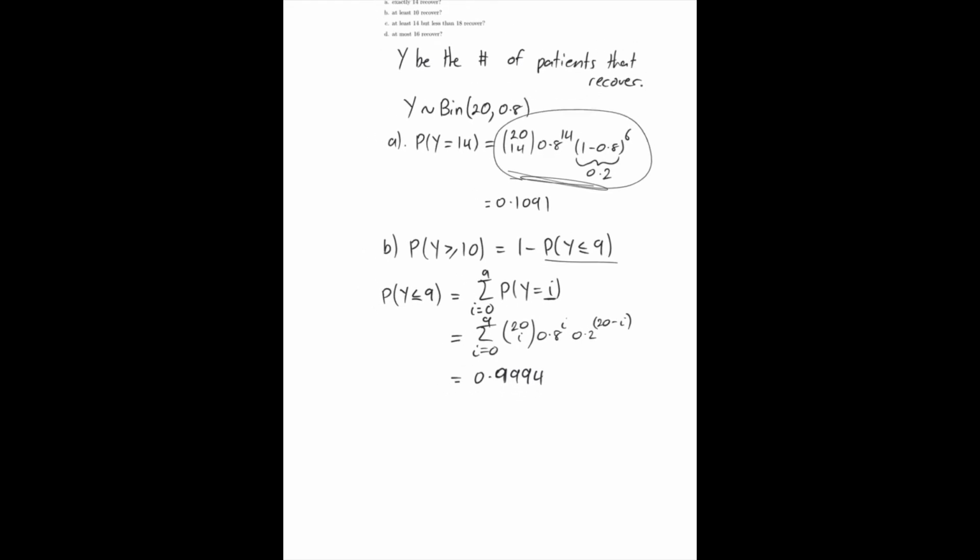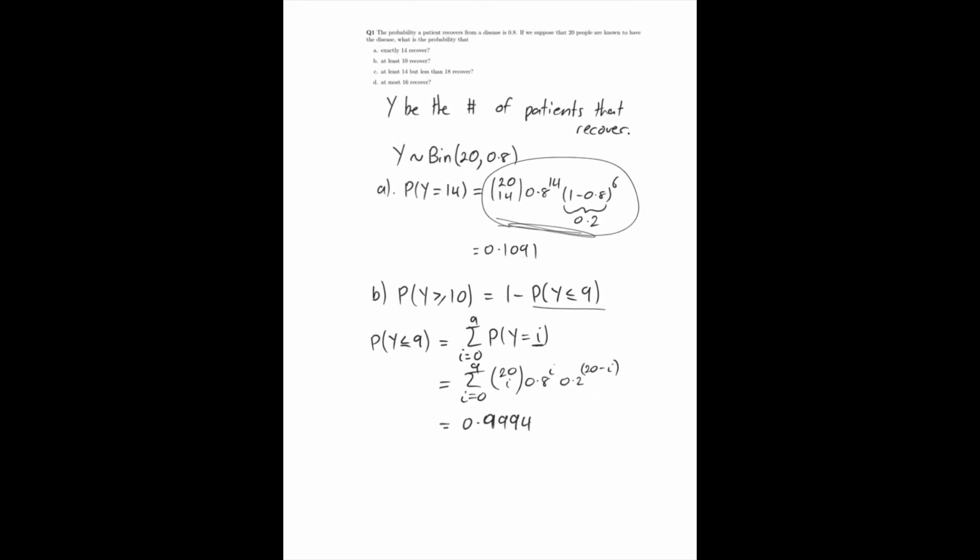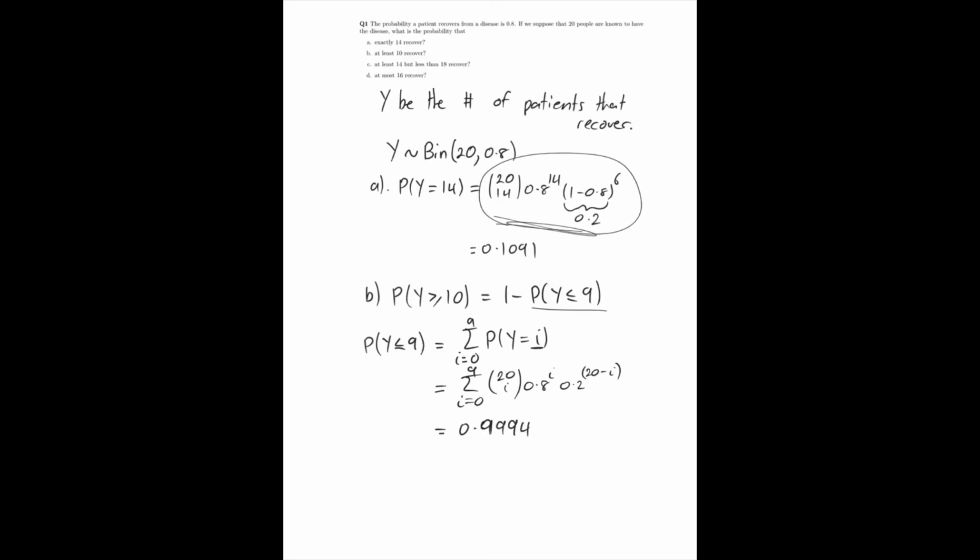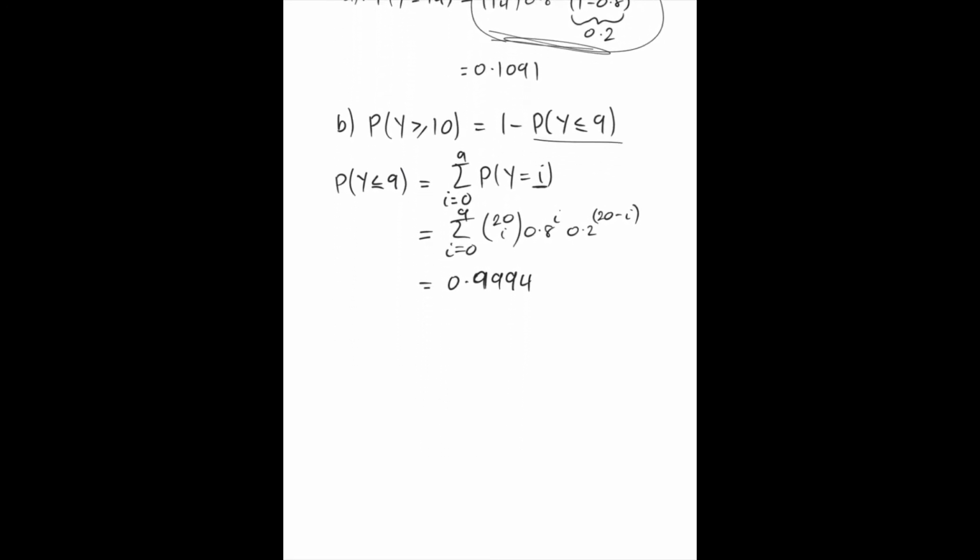Great. So the next one says, what's the probability that at least 14 but less than 18 recover? So we have the probability that at least 14, so y must be greater than or equal to 14, but we know it has to be less than 18.